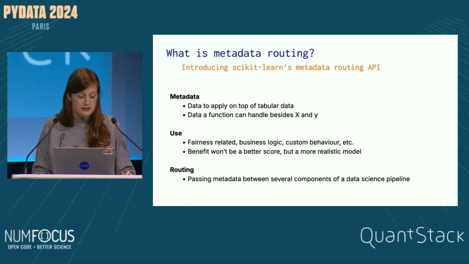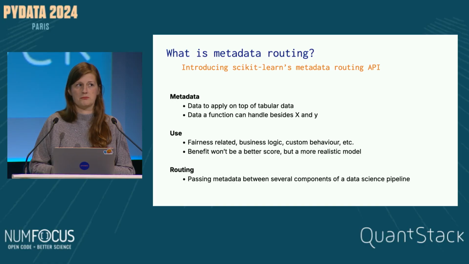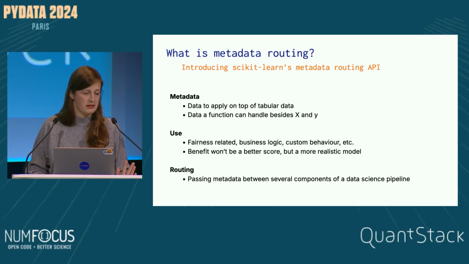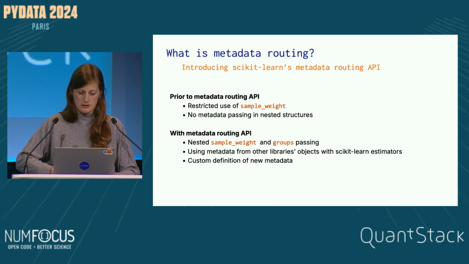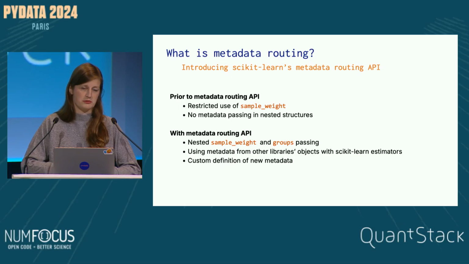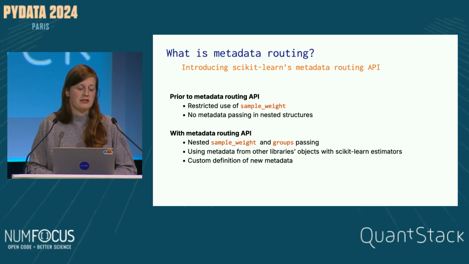Yeah, and what is routing? Routing just means that we pass metadata between several components in a data science pipeline. This has lately been improved by the new metadata routing API. Before it, we only had a very restricted use of sample weights and groups, and it couldn't be used in nested structures.